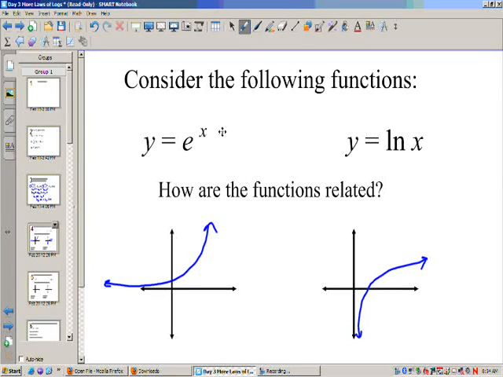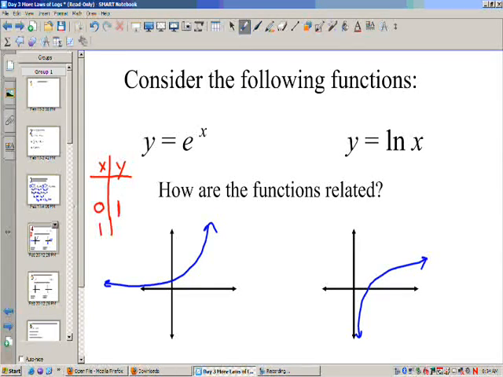Now we can do a simple chart here where we can have x's and y's. If x is 0, e to the 0, or anything to the 0 for that matter, will be 1. If I have x is equal to 1, that means we have e to the first.